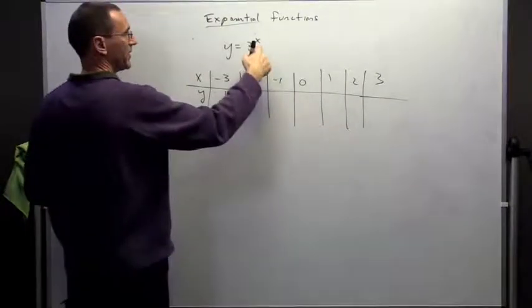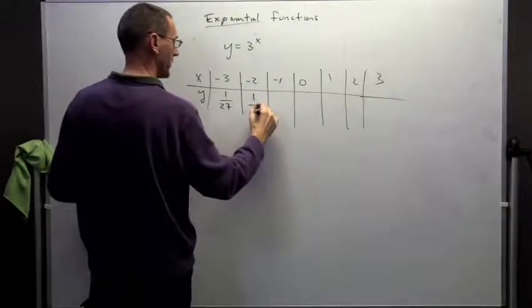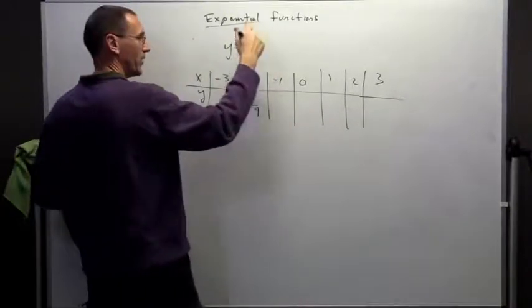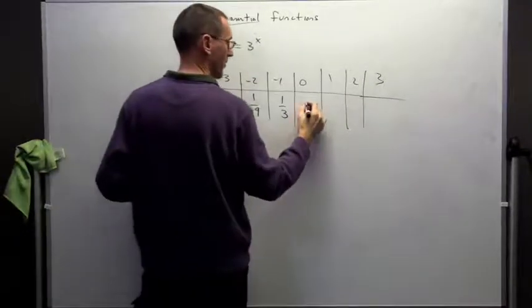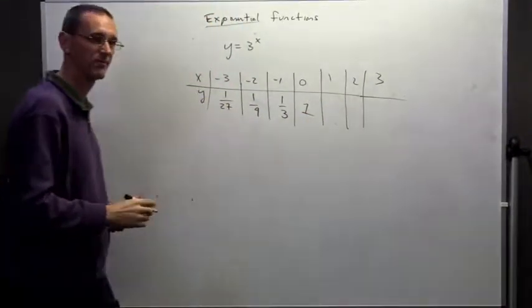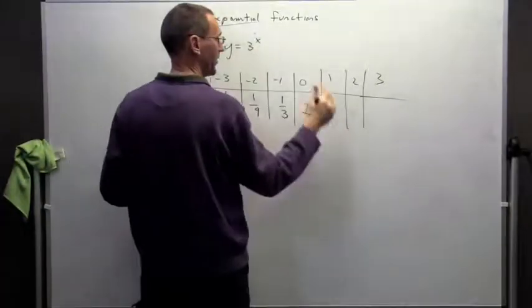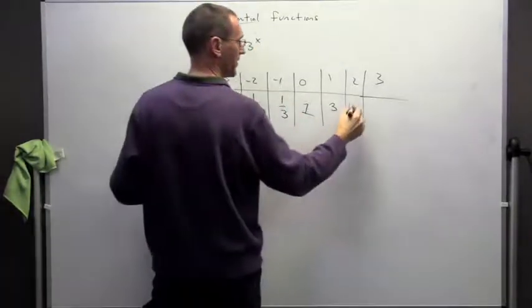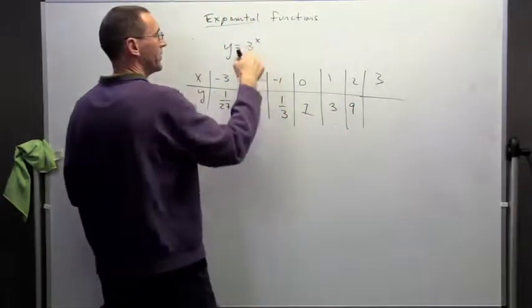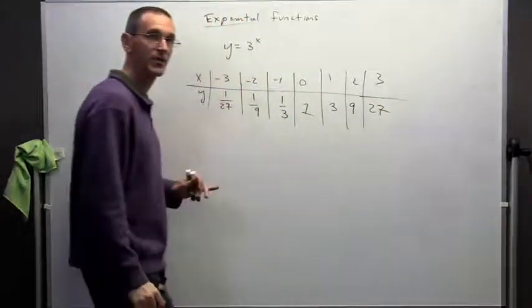I plug in x equals minus 2, I'll get 3 to the minus 2, or 1 over 3 squared. X equals minus 1, I get 1 over 3. X equals 0, 3 to the 0, we're going to define that to be 1. Okay, it's just going to make everything consistent. 3 to the 1 is just 3. X is 2, 3 squared is 9. 3 raised to the 3 is 3 times 3 times 3 is 27.